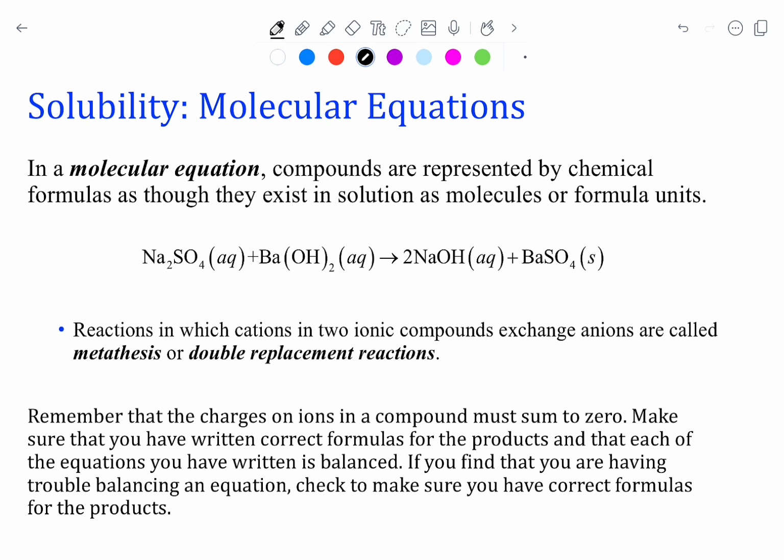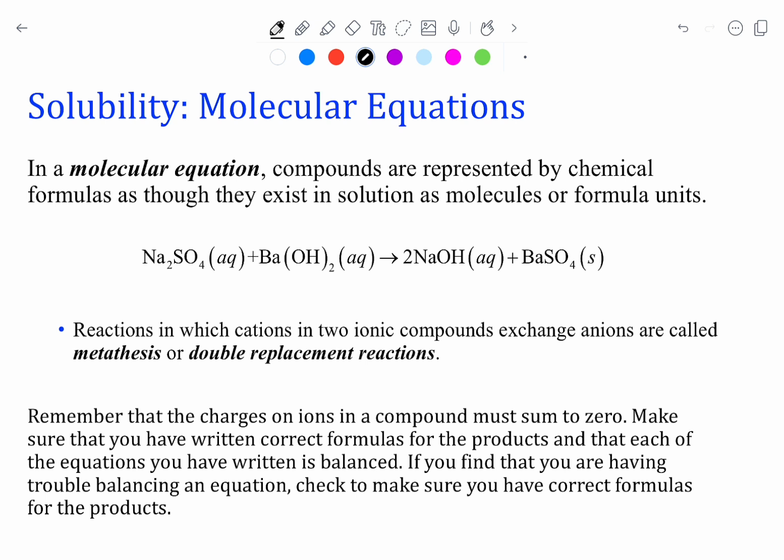The first one is a molecular equation. In a molecular equation, compounds are represented by chemical formulas as though they exist in solution as molecules or formula units. Now we know that if they're ionic and soluble in water, they are not actually existing as those molecules, but it's a nice way to show what the reaction is happening.